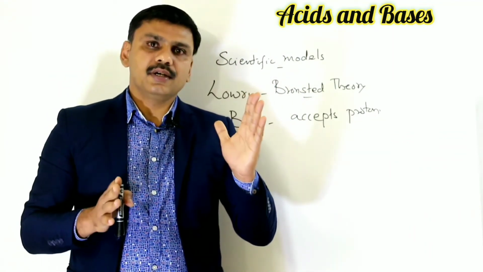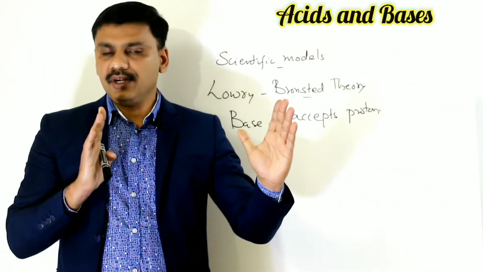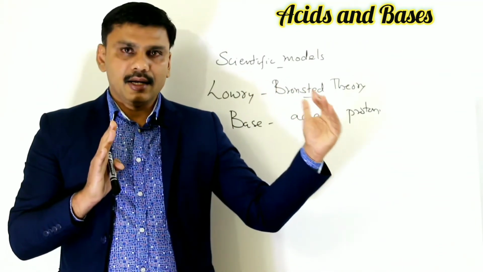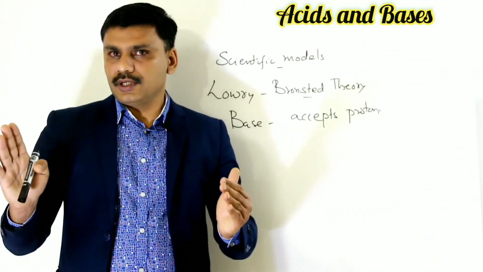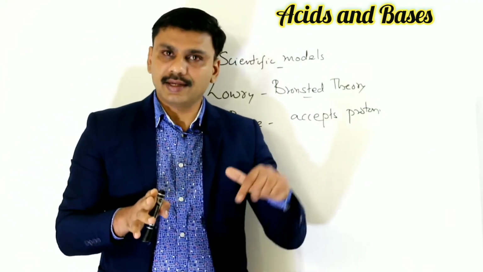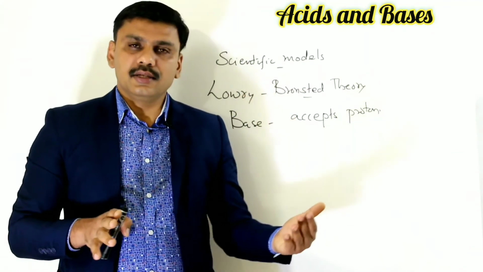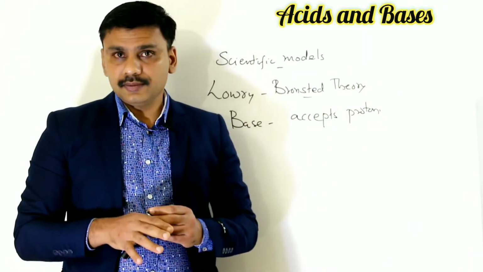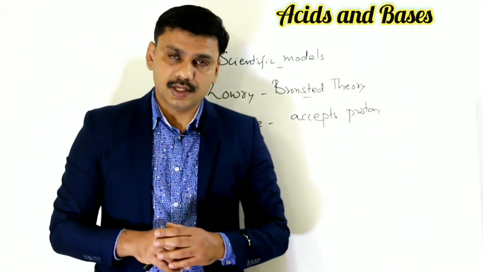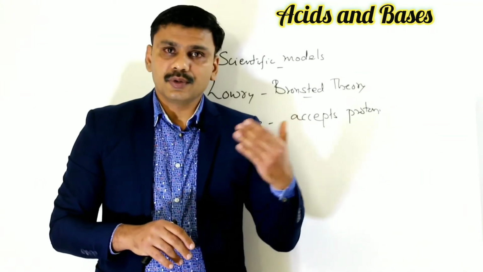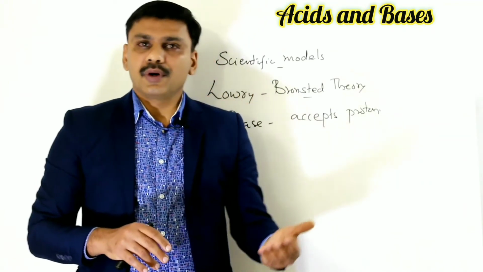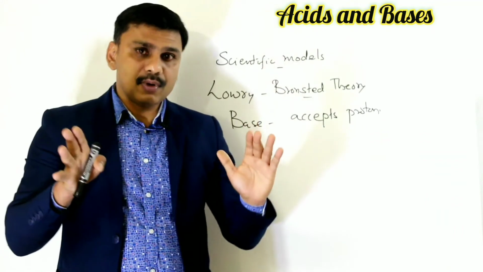So you must differentiate these two definitions, Arrhenius theory and Lowry-Bronsted theory. Don't make mistakes when you write. If it asks Arrhenius theory, you must write Arrhenius theory only. Don't write Lowry-Bronsted theory. Or if the question asks Lowry-Bronsted theory, only write Lowry-Bronsted theory.